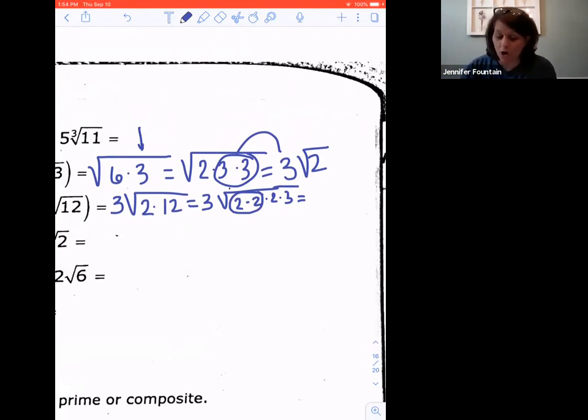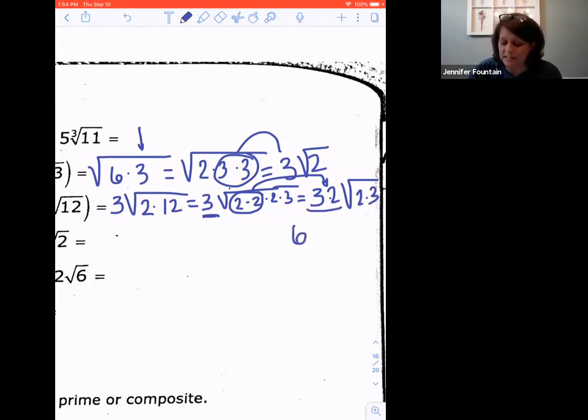I already had this 3 in front of my radical. So I have my 3. My group of 2s comes out. So I'm going to multiply those together. Then under my radical, I still have left 2 times 3. So I can multiply these together. 3 times 2 is 6. And then under my radical, I can multiply 2 times 3, and that is 6 as well.